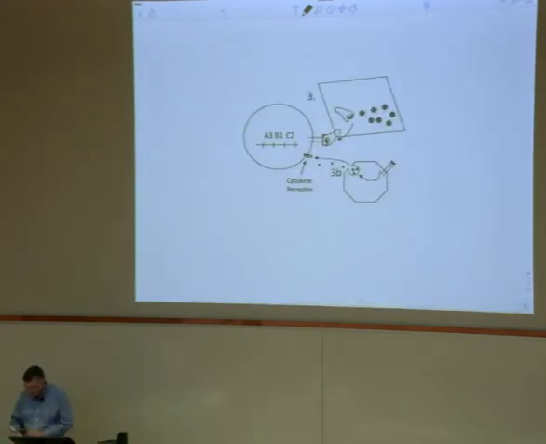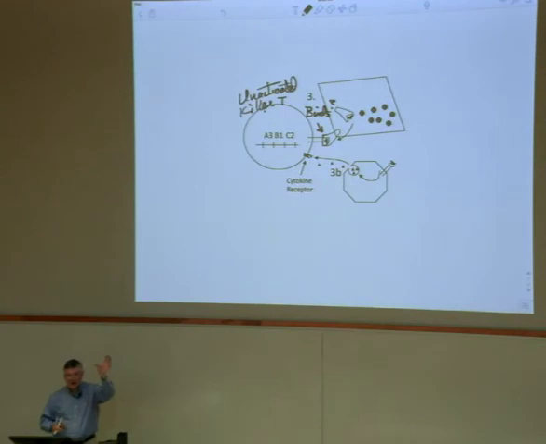The other message of an invader is, here's our unactivated killer T cell. And if its receptor binds, okay, so that receptor can bind to an MHC class 1 if there's the right peptide in there, it gets activated.